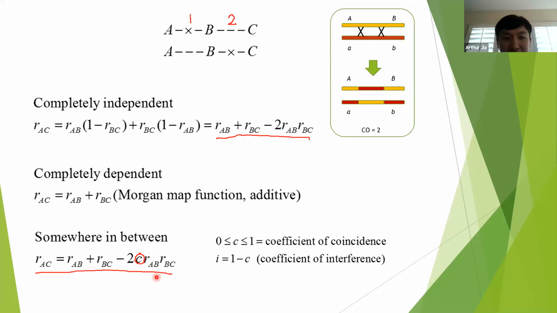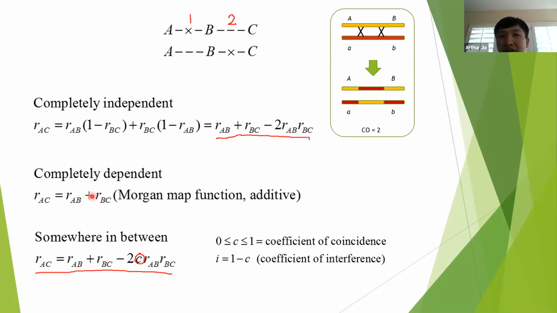All right, so this coefficient we give C as a name, the coefficient of coincidence. And it is related to this term I. So I is the coefficient of interference. I just mentioned the interference. So complete interference equals completely dependent.